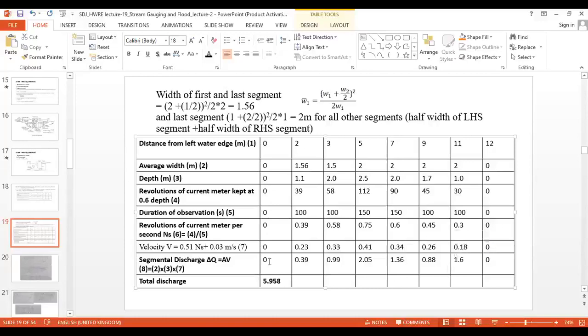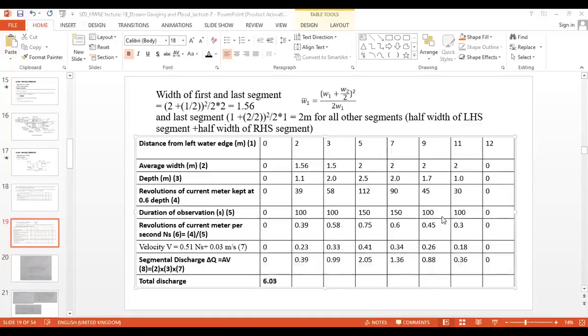And at the last, how to get the total discharge? We have to do the summation of all those discharges. So now do that: 0.39 plus 0.99 plus 2.05 plus 1.36 plus 0.88 plus 1.6, that is 7.27, 7.27 meter cube per second.